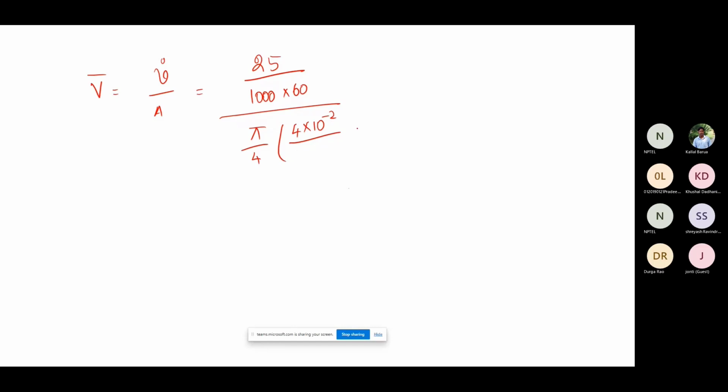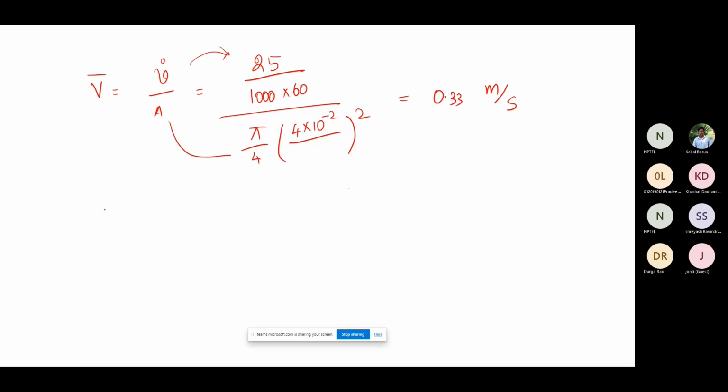So pi by 4 d square, right? So this is area, this is volumetric flow rate. Whatever you get is the average velocity, which is in meter per second. So the answer is 0.33. So you can work it out.